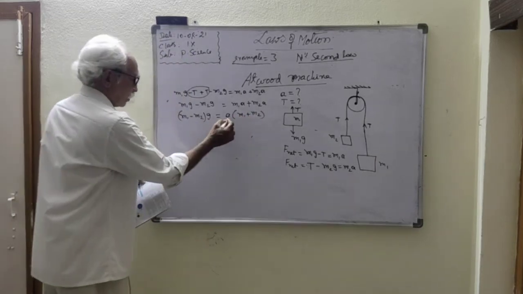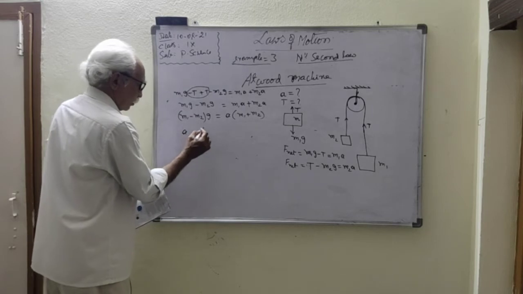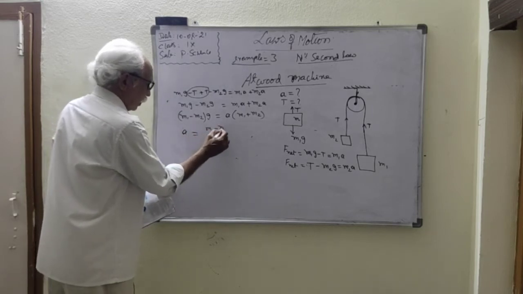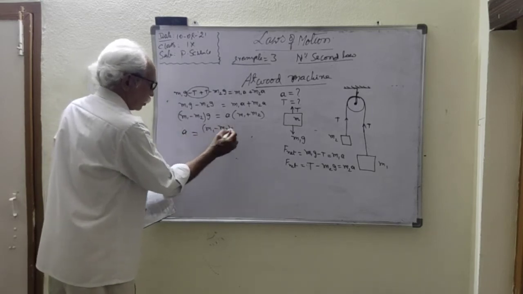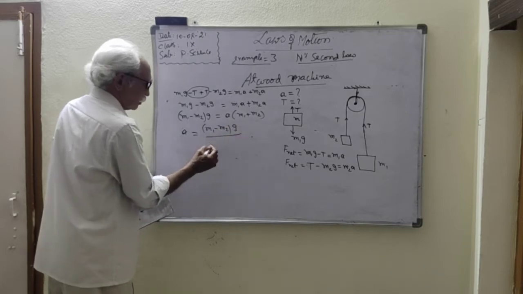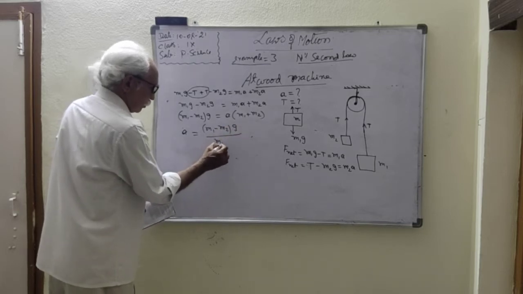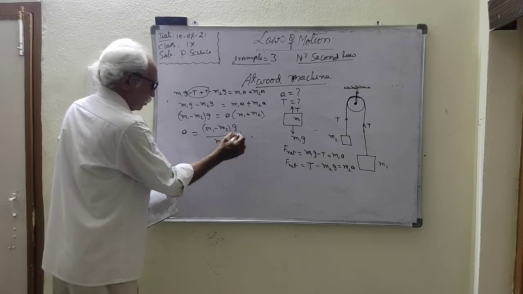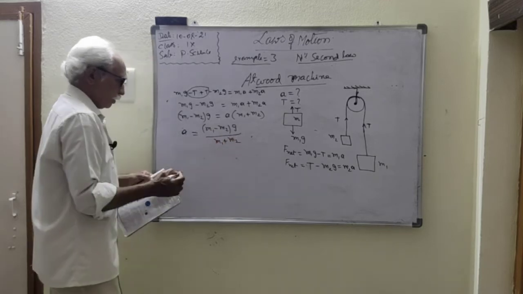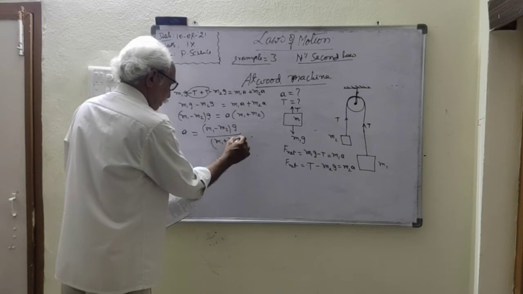So from this equation, a is equal to (m1 minus m2) into g by (m1 plus m2). So this is the equation.